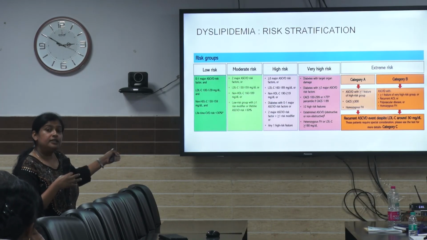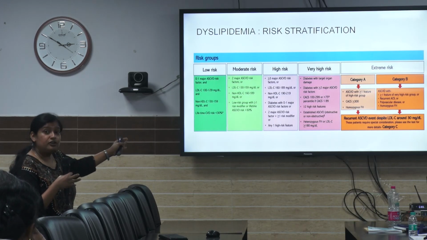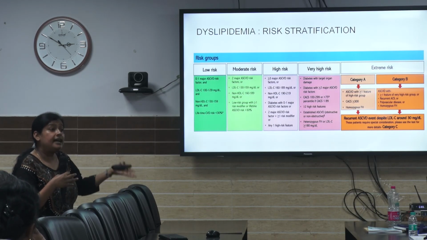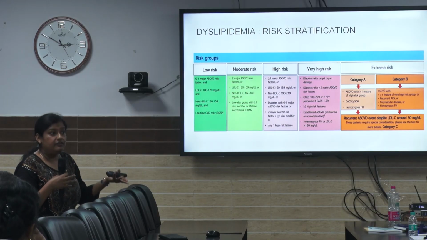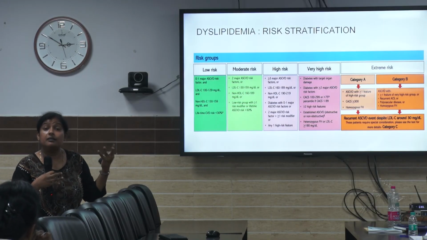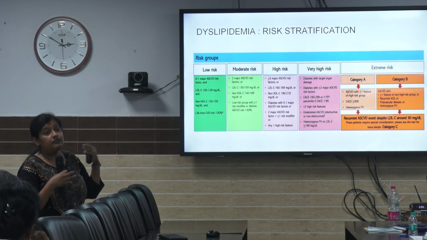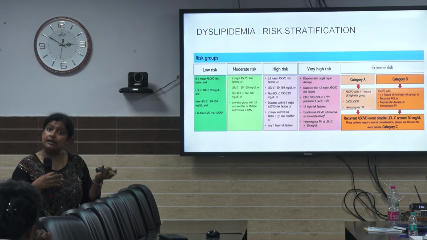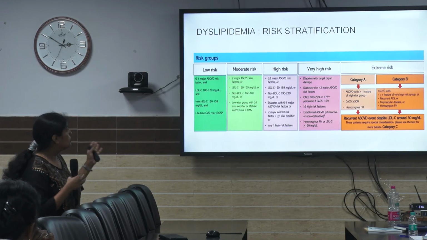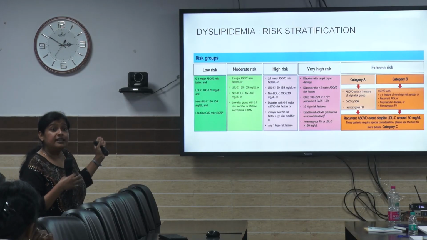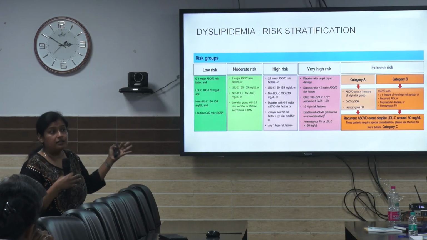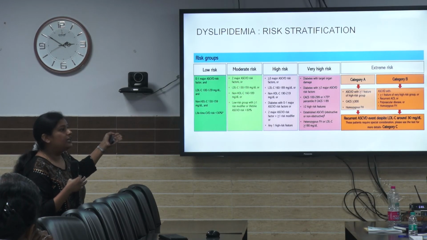And with more than 3, end organ damage or a high calcium score, or somebody having an atherosclerotic event in the form of a heart attack, a peripheral arterial disease, or even a non-obstructive thrombus in the carotid, that itself is a risk factor. So as you ascend with more than 3 major risk factors, the category also increases.